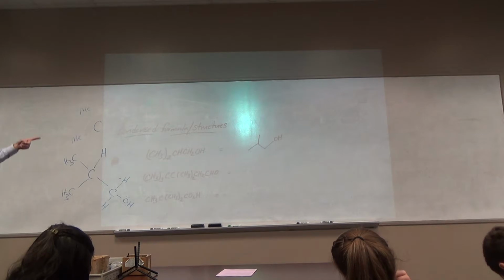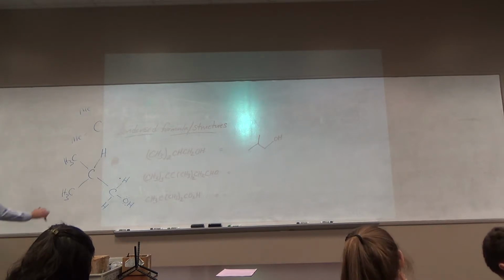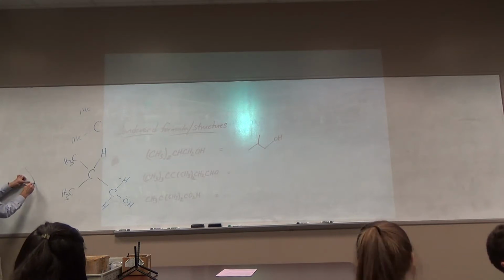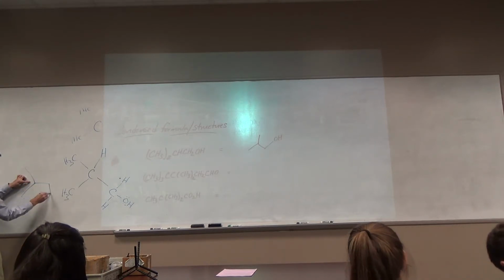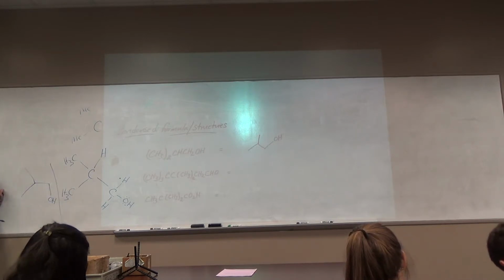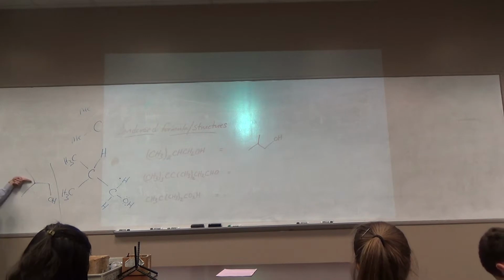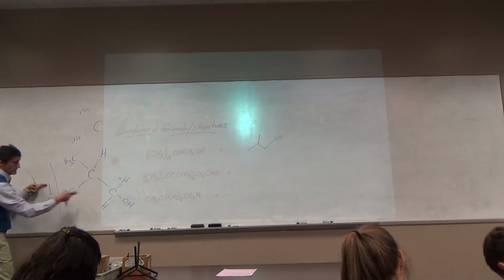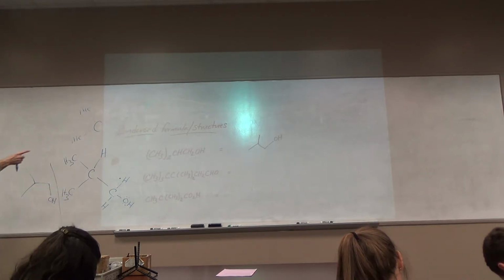But then we need to be able to show that in a line bond, right? This is a carbon with 2 methyls, and then it's bonded to another carbon, and it's bonded to an OH, right? And I just didn't draw in the hydrogens. Yes, there's 1 hydrogen on this carbon. How many on this one? 2. And so we get that, and that's the same thing drawn over there.